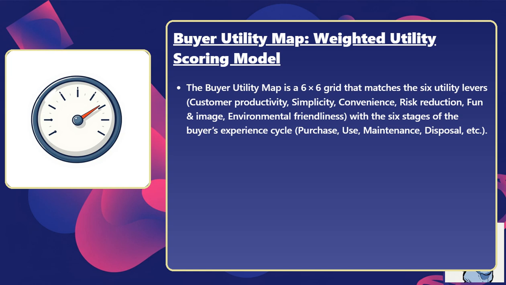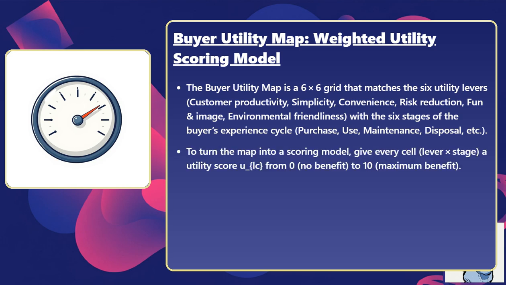The buyer utility map is a 6x6 grid that matches the 6 utility levers: customer productivity, simplicity, convenience, risk reduction, fun and image, environmental friendliness, with the 6 stages of the buyer's experience cycle: purchase, use, maintenance, disposal, etc. To turn the map into a scoring model, give every cell, lever times stage, a utility score U_LC from 0, meaning no benefit, to 10, meaning maximum benefit.